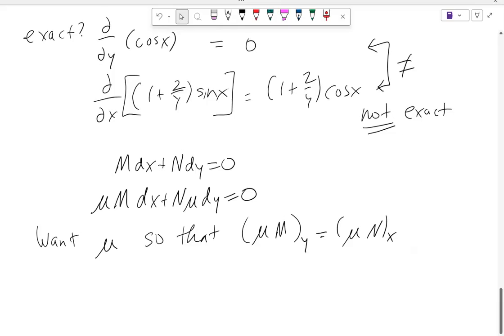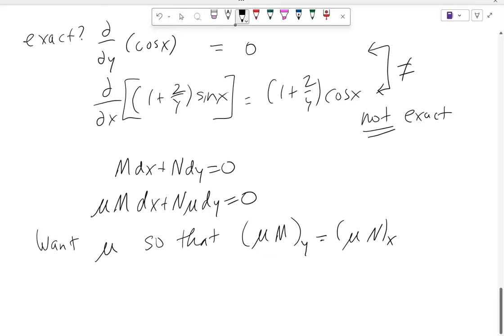All right, so let's start simplifying this a little bit. This is a product of two functions, so I'd have to use the product rule. Mu y times m plus mu times m y. Same thing on the right-hand side, just with x's and n's.